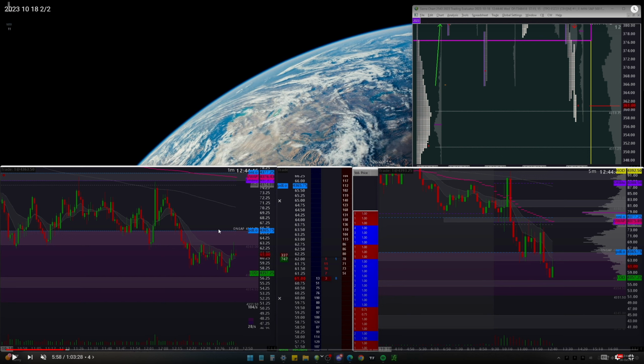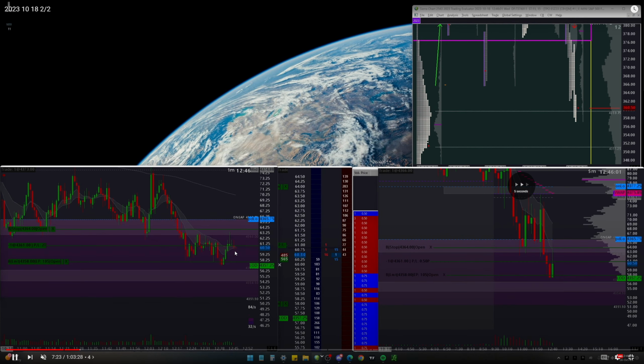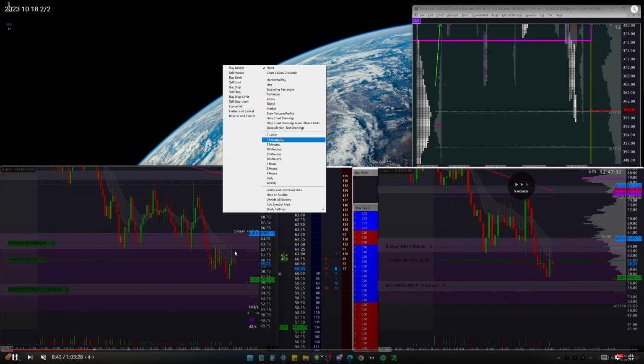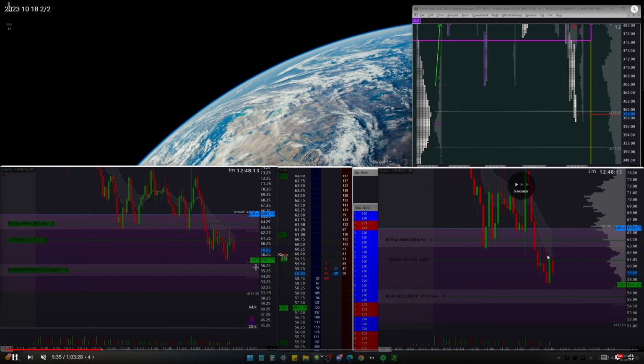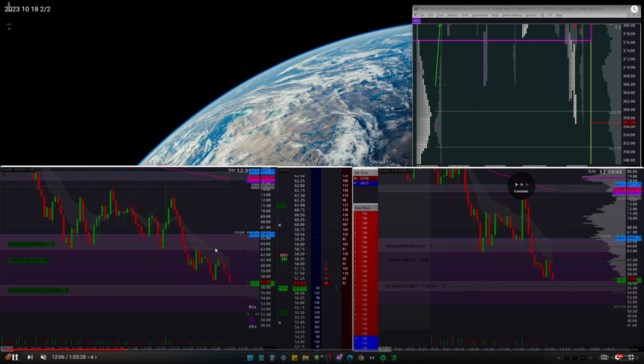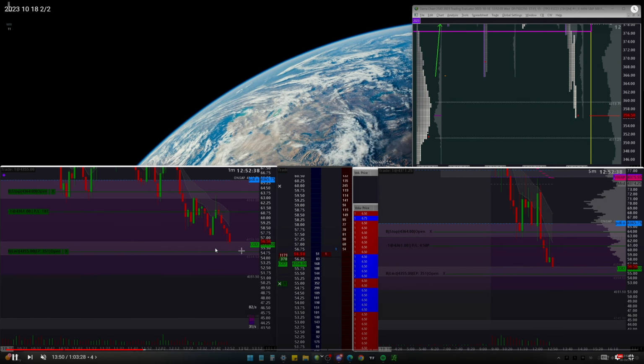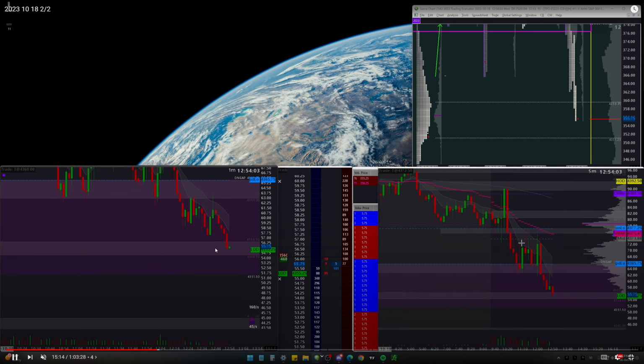So double speed in an overnight gap. Shorted the pop. See low day, come on, see it again.